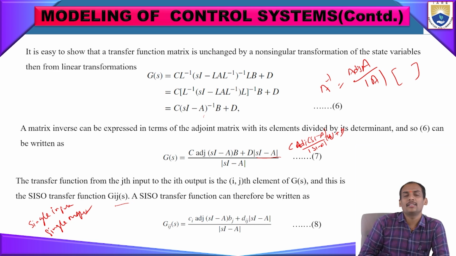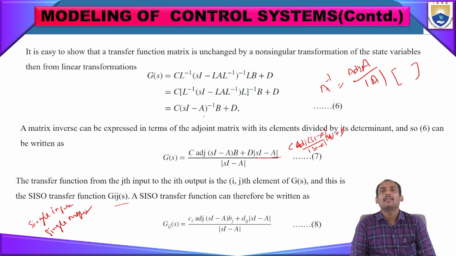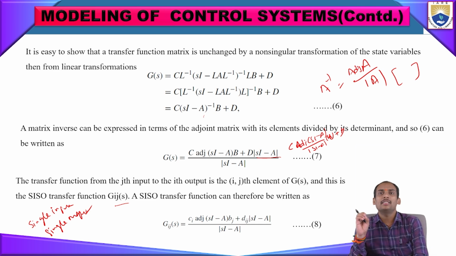So that can be written as Gij of S equal to Ci, the ith term and jth term we are considering here. So Ci adjoint of Si minus A Bj, the Bj element we have considered, plus Dij of Si minus A by Si minus A. Here the ith term and jth term of each matrix we are considering.